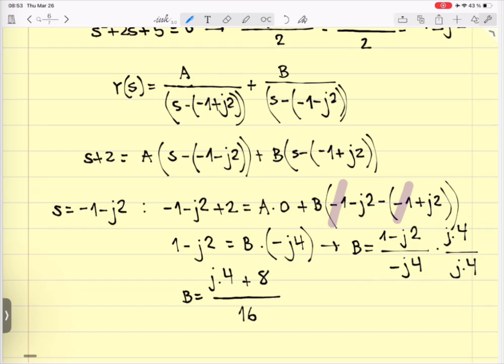Okay, if we simplify, we get (2 plus j) divided by 4, and this is the value of b.